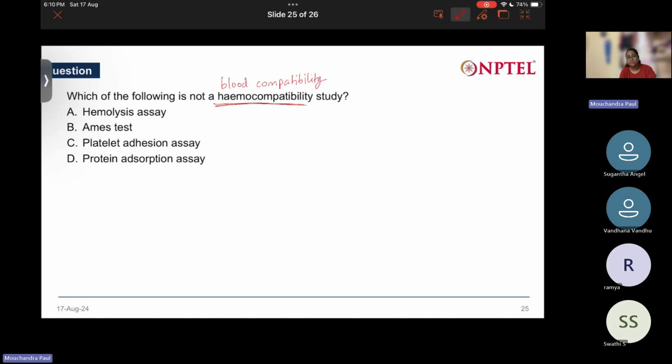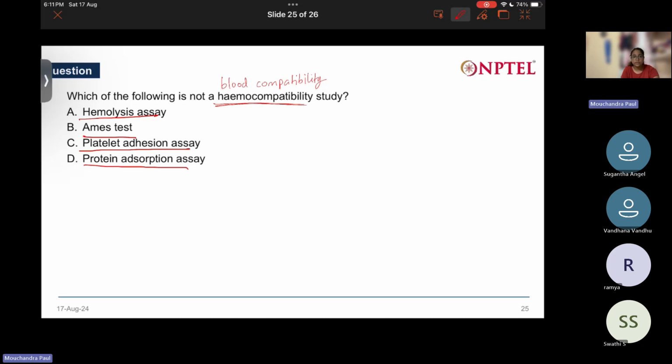So which is not a blood compatibility test? Hemolysis assay, Ames test, platelet adhesion assay, protein adsorption assay. Anyone?